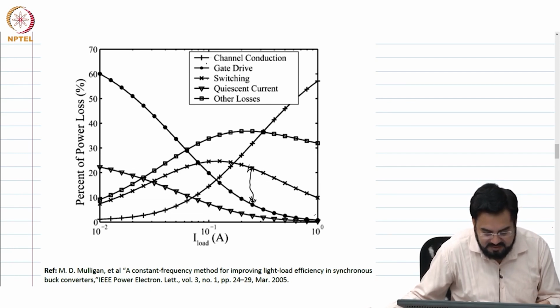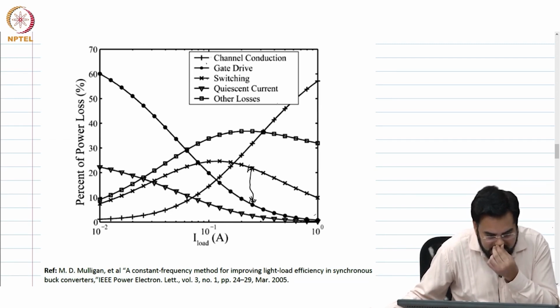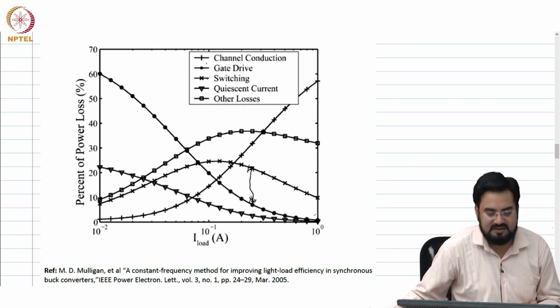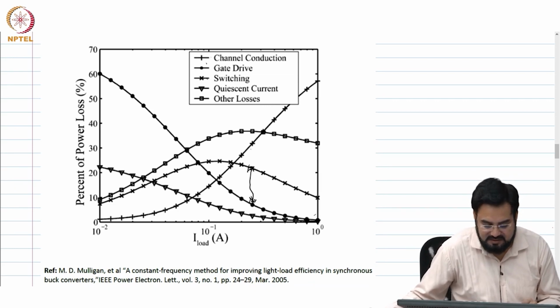This is not switching loss, this is channel conduction loss, because this flat one is a plus actually. They have drawn a longer line, that is why. So, it is a plus and this is a cross. So, this is switching, this guy, correct.